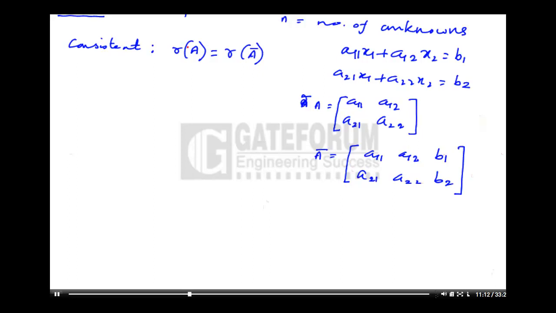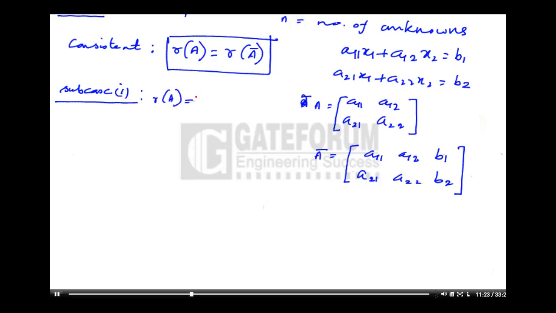Suppose this is true. Then we will consider two sub-cases under case 1. That is, when rank of A is equal to rank of A bar, that is equal to n. Then we can say that A is non-singular.